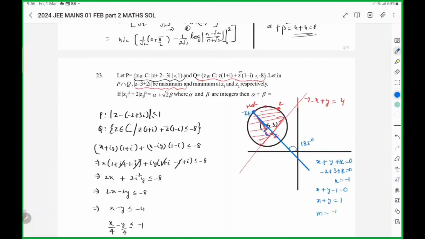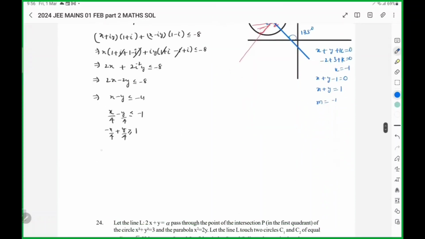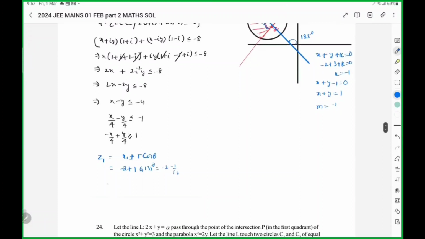Then to find out the Z1 coordinates, x1 plus r cos theta. X1 is minus 2 plus radius is 1, so minus 2 minus 1 by root 2. So y will be y1 plus r sin theta.